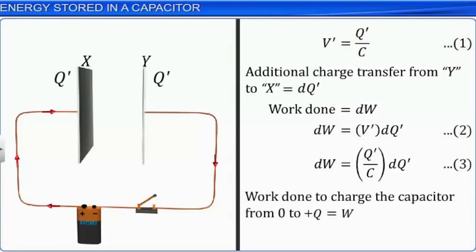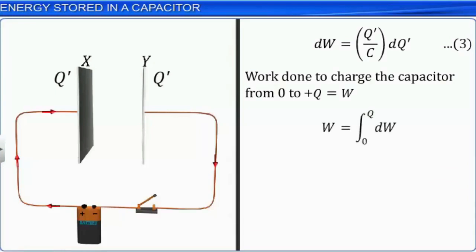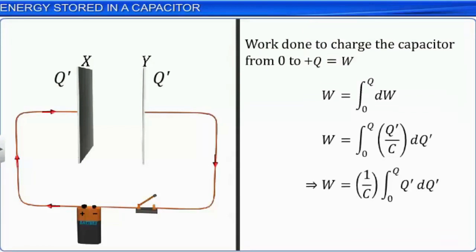We know that W is equal to integral dW in the limits 0 to plus Q. Substituting the value of dW from equation 3 in the above expression and simplifying further, we get W is equal to Q square by 2C.